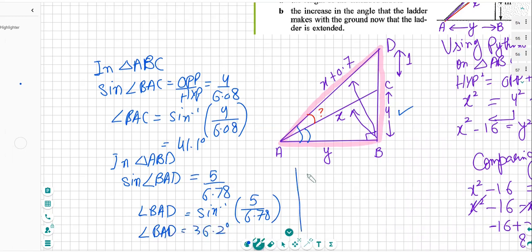So now I'm finding the difference or increase in the angle. It will be the difference, obviously, 41.1 degrees minus 36.2.